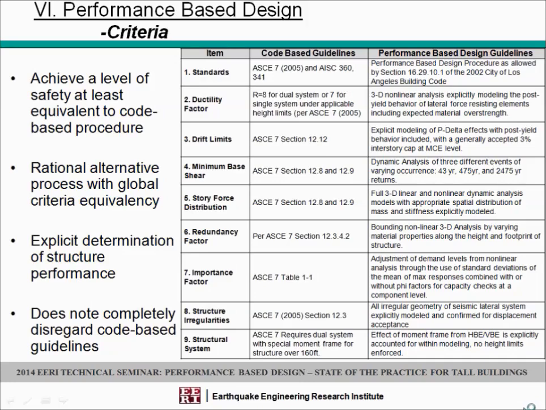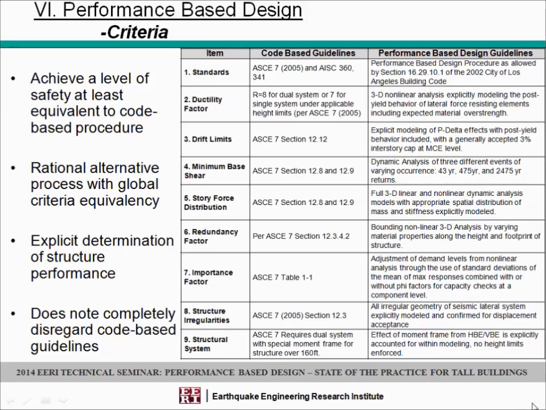As much as at the end we ended up designing for a 2.5% minimum base shear, it was more of an insurance and kind of confidence and comfort that we all had between the peer review and ourselves as engineers. Story force distribution, which is the issue of the proper distribution versus accidental mass displacement.